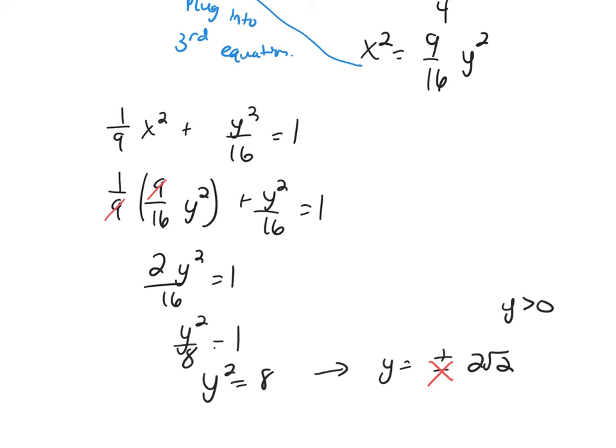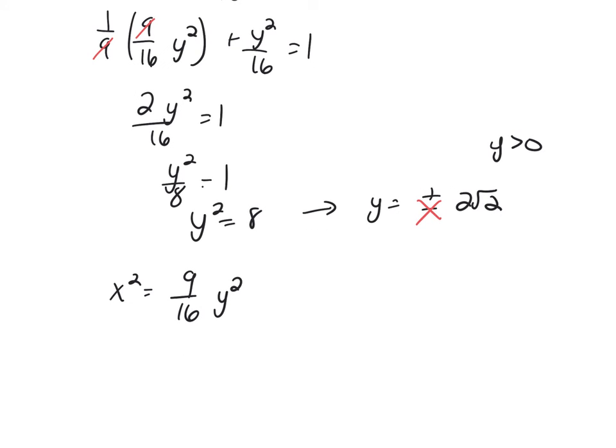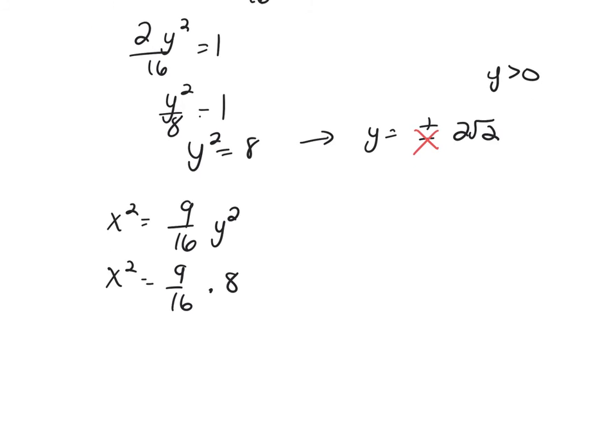And once we know y, we can figure out x. So I go back to our equation where we had x squared was 9 over 16 y squared. x squared equals 9 over 16. y squared is 8.